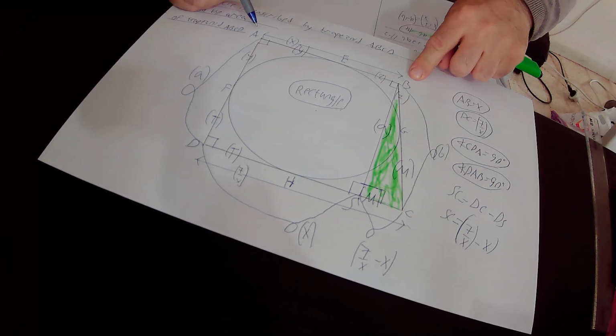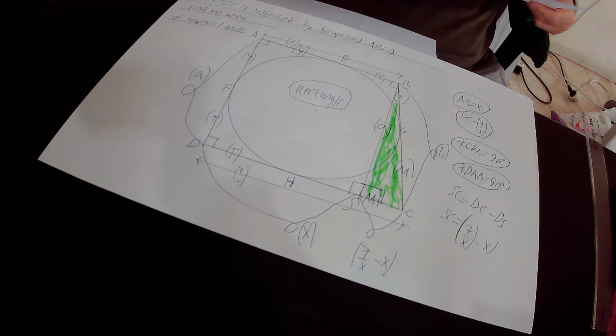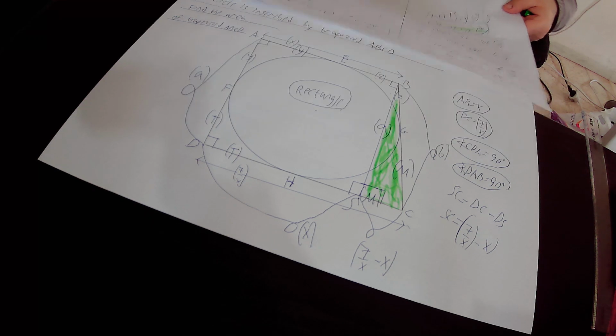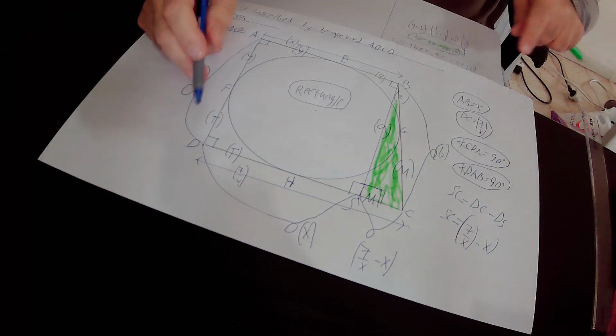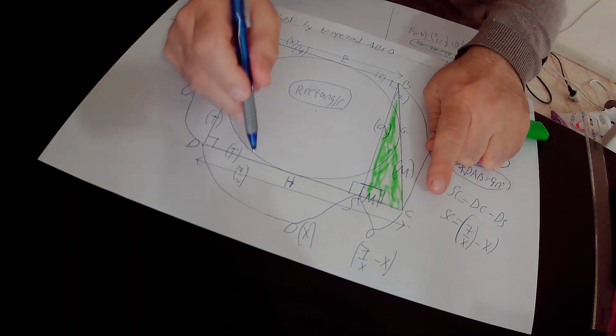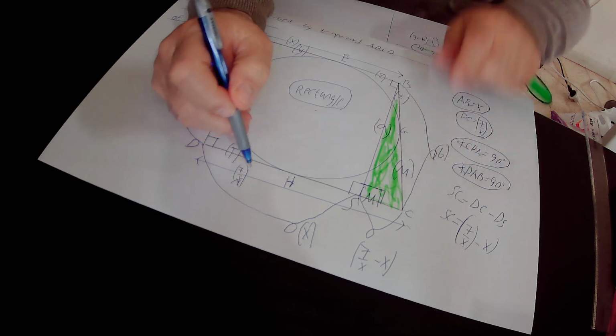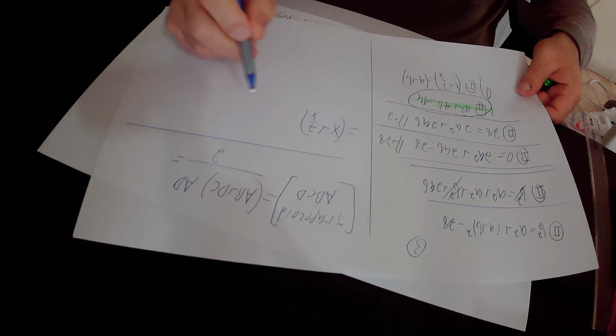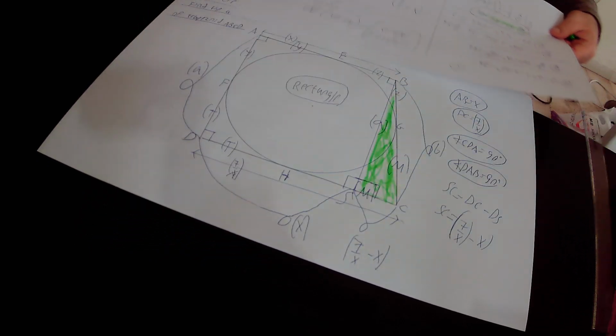AB equals x, plus DC, so it is AB plus DC. DC equals 7 over x according to what is given in the question. So DC is 7 over x, times the height AD.